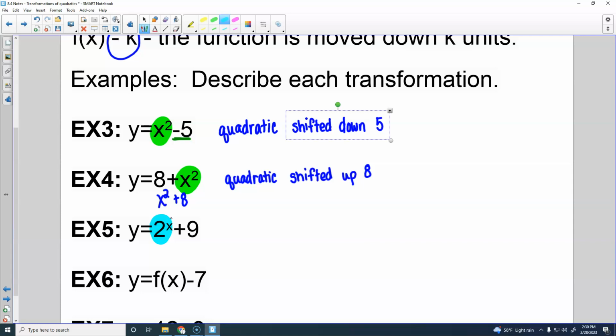We did quite a bit with them. We particularly looked at them with like interest in a bank account or decay or growth. What were those called? I think I just heard it. Exponential. All right. So when we have an x in the exponent, this is an exponential.